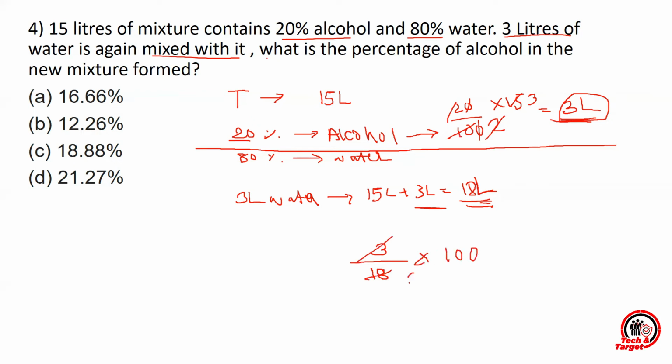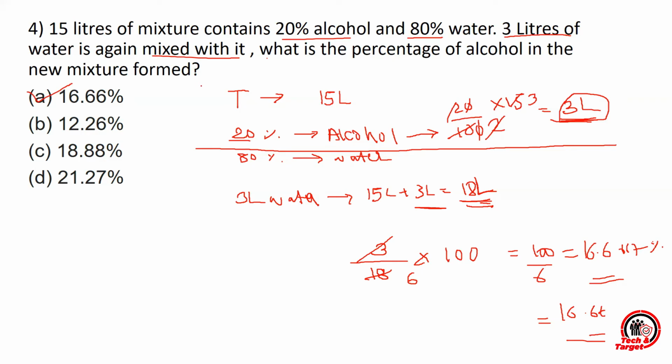Now 3 ones are 3, 6, and if you divide 100 by 6, then you will obviously get 16.6667 something percent, which is nearly equal to 16.66%. So for that we can mark option A as the correct answer.